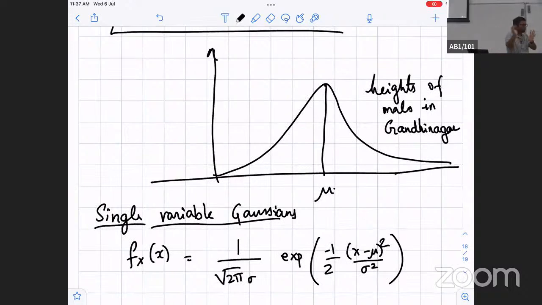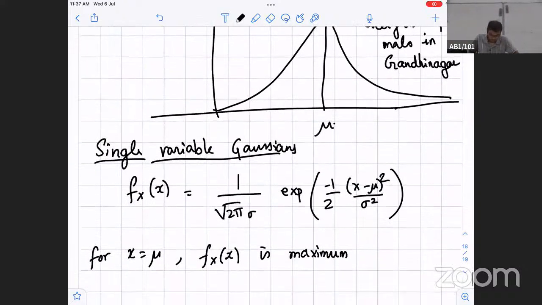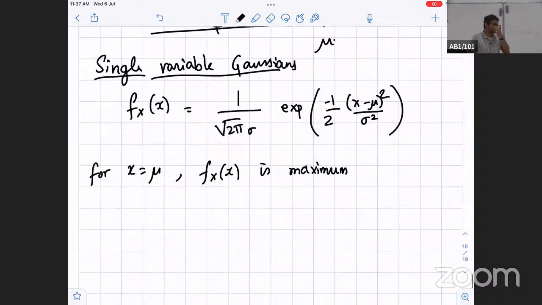Whether you go to this side or that side, negative or positive, it's the same value. So it uniformly decreases. This is how the Gaussian shape, the bell curve, comes. This is how single variable Gaussians can be thought of.